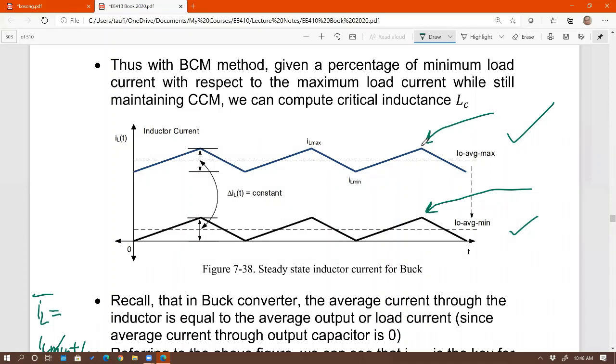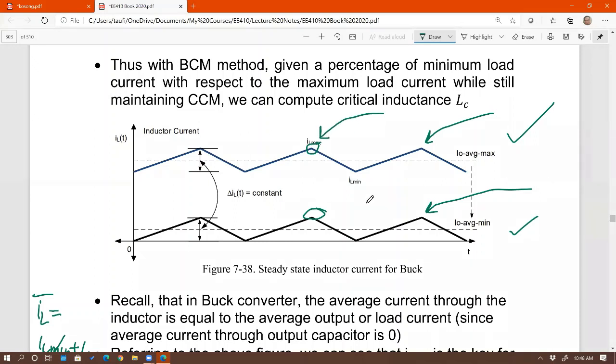Because when you use an inductor, you want the inductor to be able to handle the worst case peak current. At minimum load, that is not the worst case. This is the worst case, at full load.